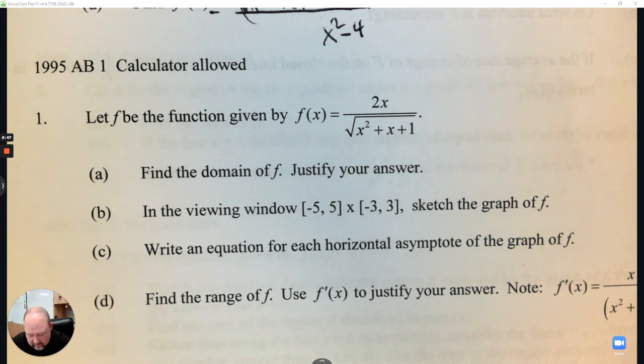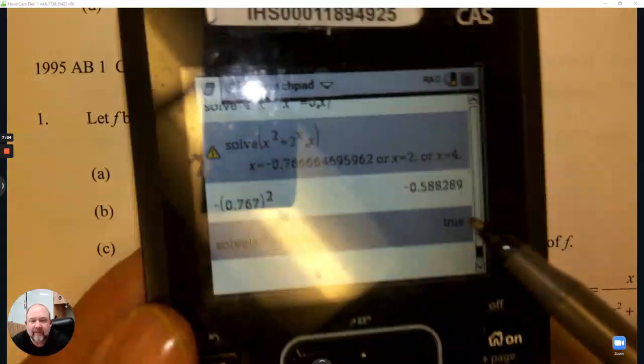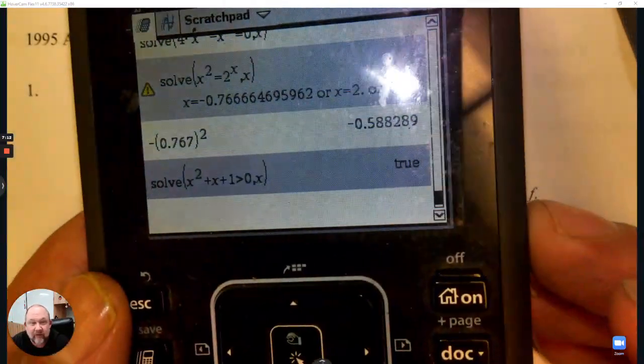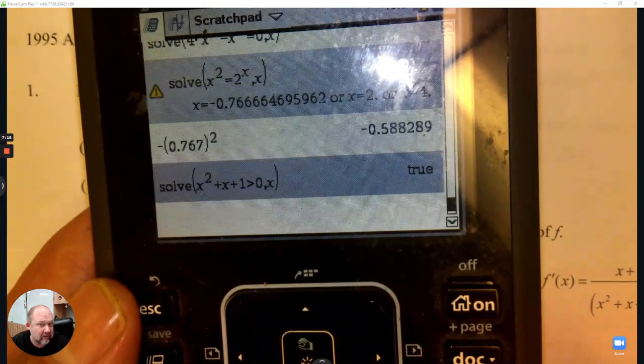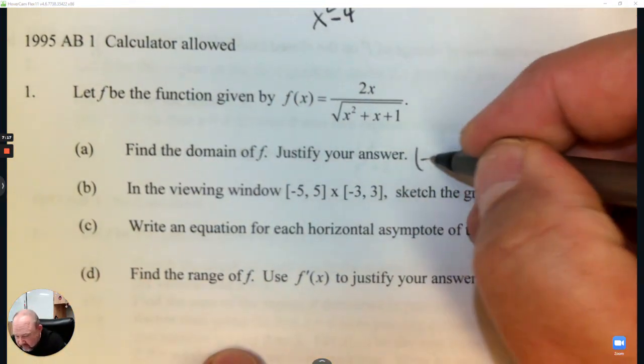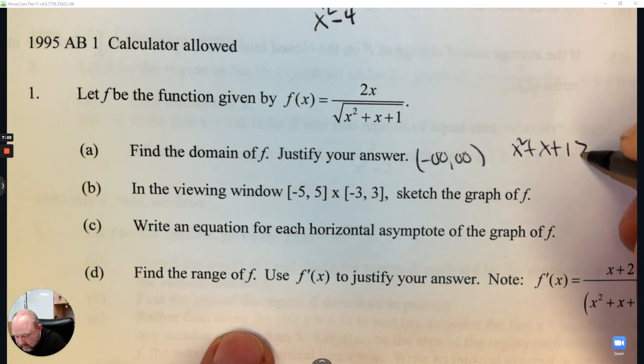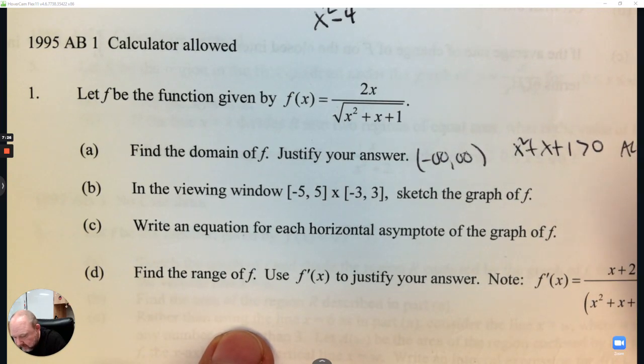Just type this in. So I typed in the calculator, solve this inequality. If you press Control equal, you can get the inequality arrow. And it says true. That means for every single number, it's bigger than 0. So that means this is all real numbers. So x squared plus x plus 1 is always greater than 0.